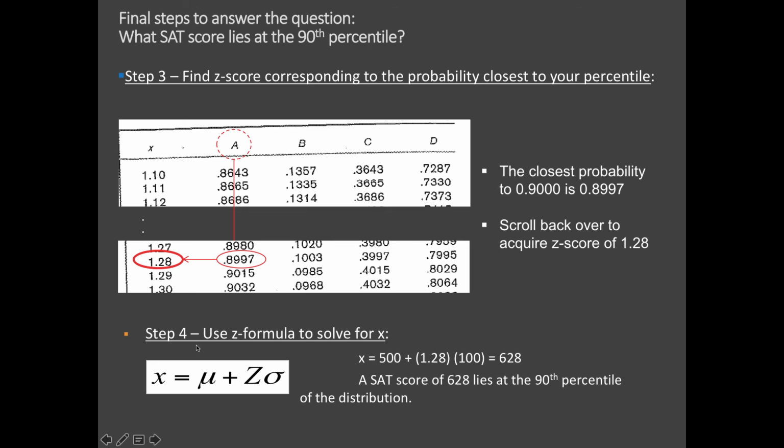Then we're going to use that z-value to fill in the formula that we rearranged, so that x equals the population mean plus the z-score times the standard deviation of the population.